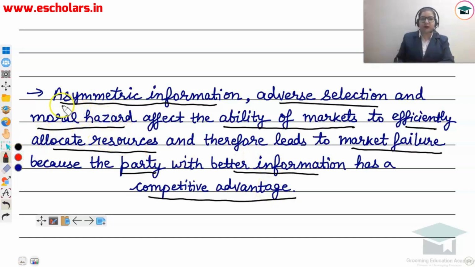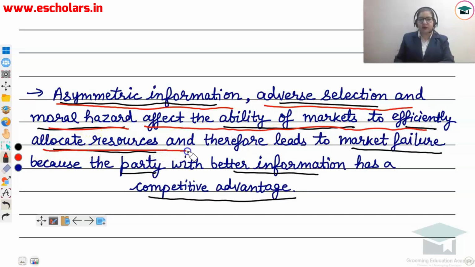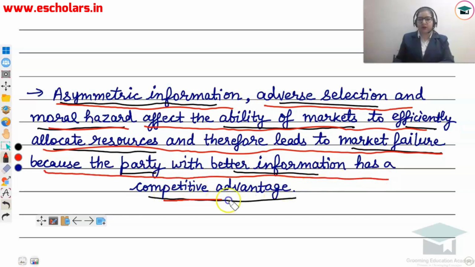So let's recall it. Asymmetric information, adverse selection and moral hazard affect the ability of markets to efficiently allocate resources and therefore lead to market failure, because the party with better information has a competitive advantage.